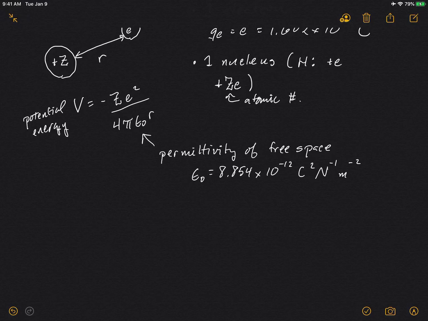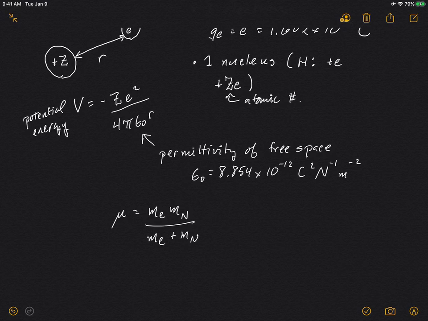Whenever the electron moves, there's always going to be motion about some center of mass, but we're going to treat that as relatively fixed, or we're going to use these relative center of mass coordinates, in which case we have a reduced mass mu, which is equal to the mass of an electron times the mass of our nucleus over the mass of an electron plus the mass of a nucleus.